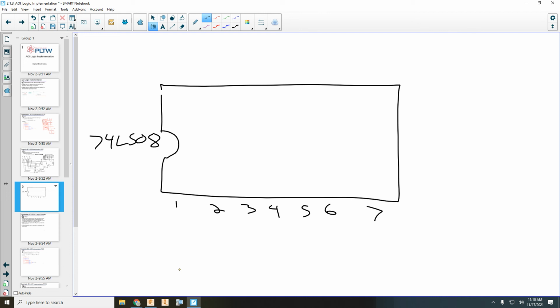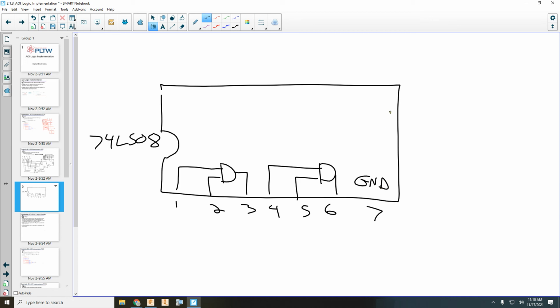So what happens with this chip? Pin 1 and 2 go into an AND gate and come out 3. Pin 4 and 5 go into an AND gate, comes out 6. Pin 7, what does pin 7 have to be? Ground.